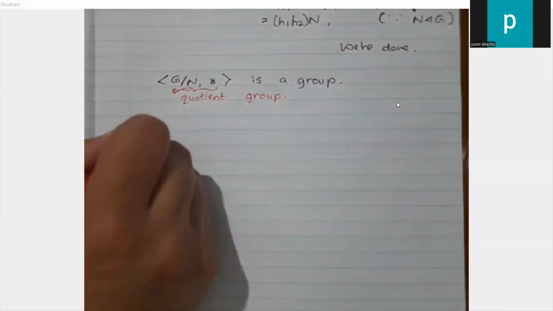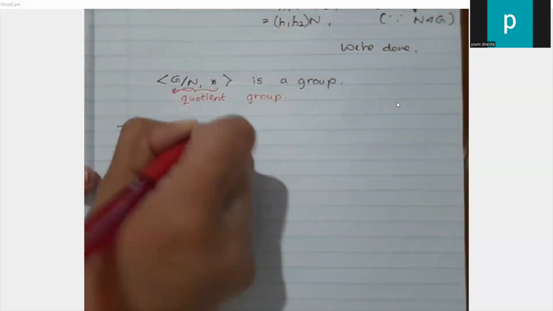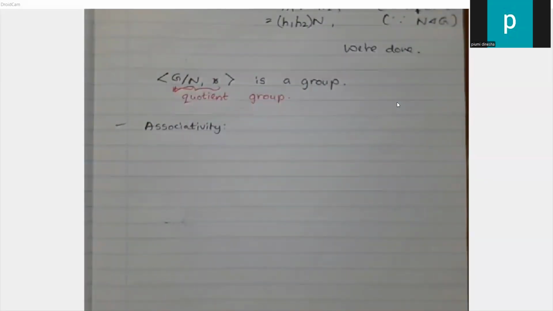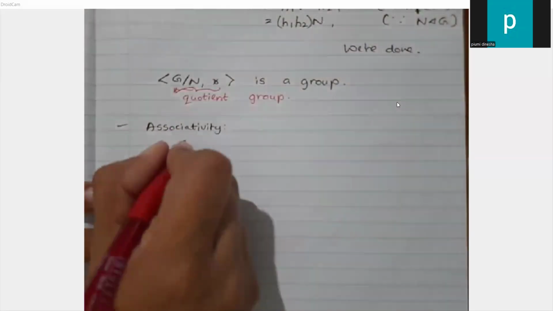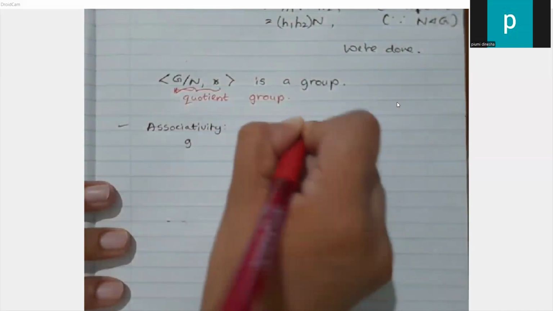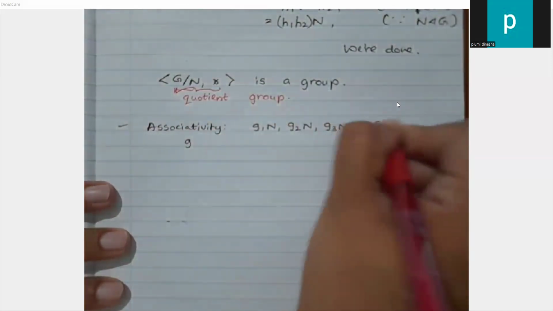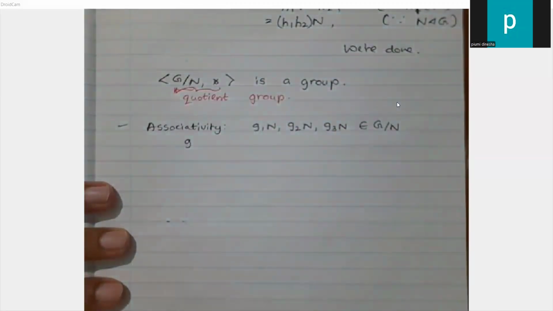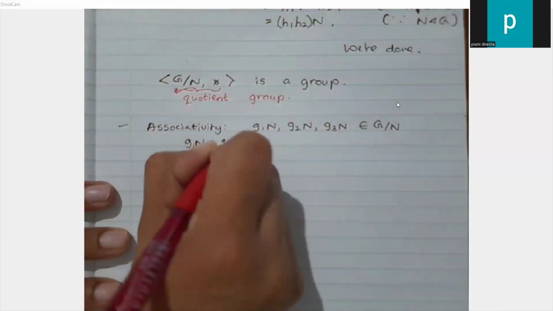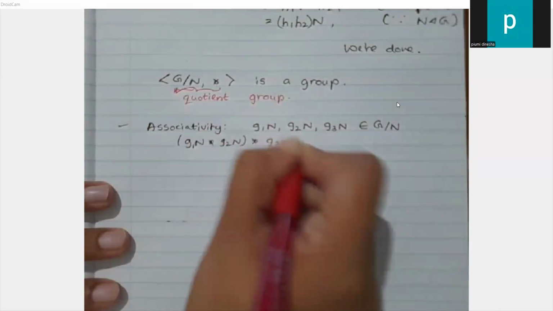To prove associativity, we take any three elements from this set. Let's take them to be g1N, g2N, g3N taken from G over N, the quotient. We have g1N star g2N, then we apply the binary operation to g3N.